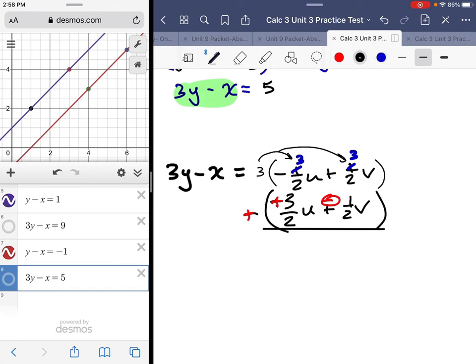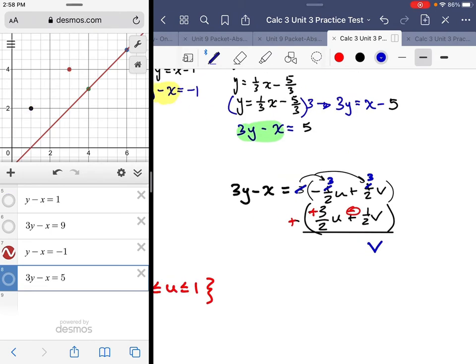So now this is gone when I distribute it. Negative 3/2 u plus 3/2 u is going to go to 0. 3/2 v minus 1/2 v is going to be equal to 2/2 v. That's the same as saying 1v, or just v. Now I would look at where v would be equal to 9 and 5.